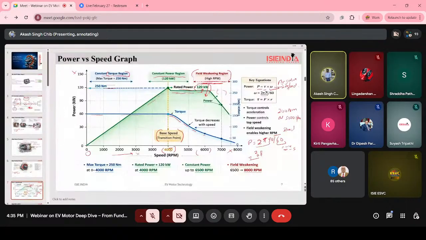Now I have told you we are getting 200 Newton meter of torque. Now to calculate this, how will you calculate? We have a formula of 2 pi N upon 60, and the power is calculated by tau into omega. So first we will calculate it.